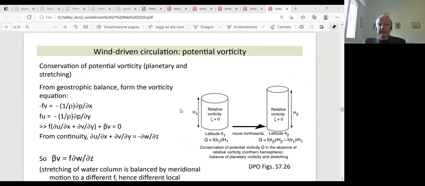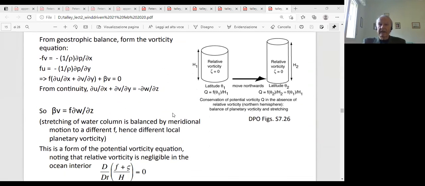So here we have what we already mentioned: the conservation of potential vorticity. We have the planetary and stretching terms, and this is an important term. It says that if the water particle is moving from one latitude to another, it changes.